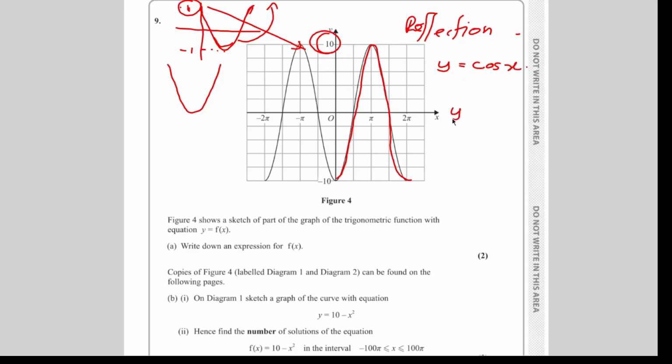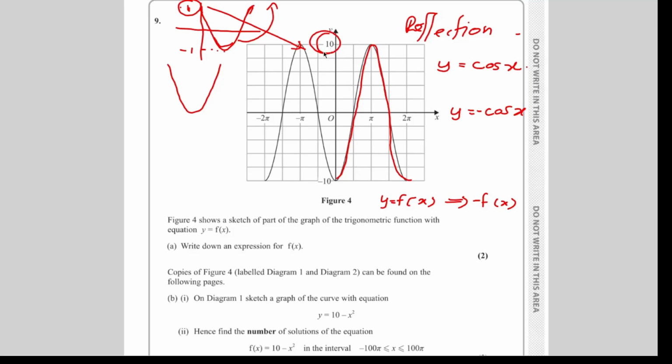If it is reflection in the x-axis, then it has to be y equals minus f of x. In the x-axis we write it in this way. Then you need to include that minus sign in front of cos x, so minus cos x. But the maximum value comes as 10.